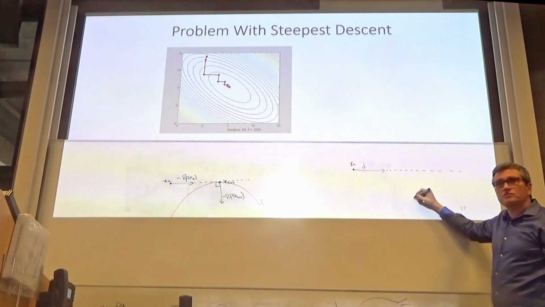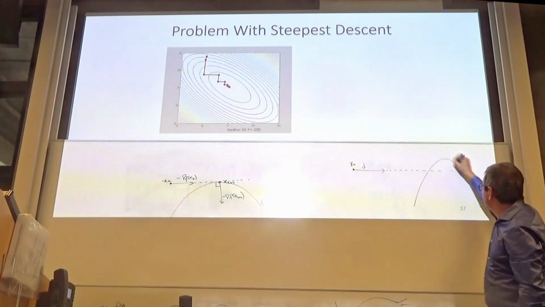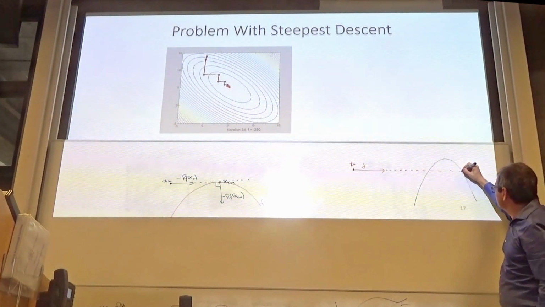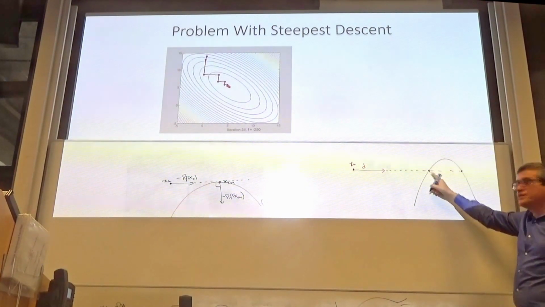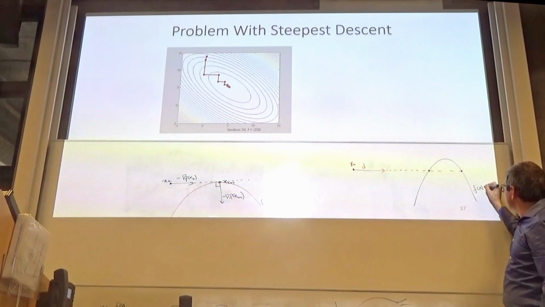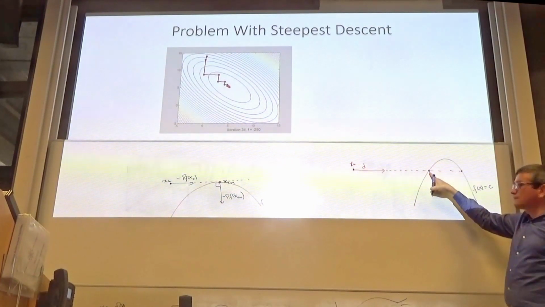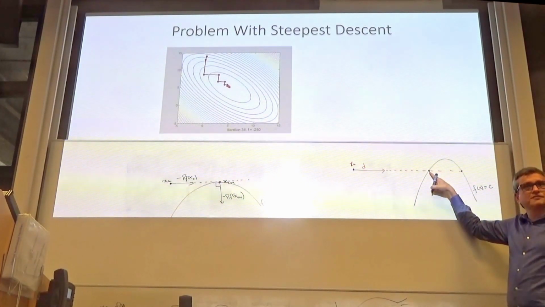Let's assume that it's not tangent. So it will be like this. Can this point be the minimum? If this is a level curve, this is f of x equal to c. Can this point be a local minimum? What is the meaning of these level curves?